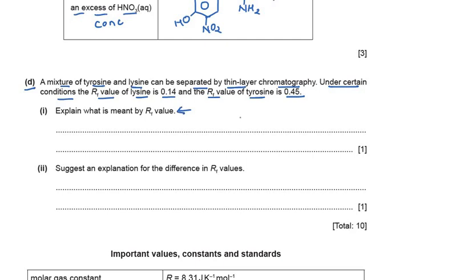Now, as I had already mentioned in our earlier videos, there are a few definitions which we should definitely learn. See, this is the third definition which we have come across in this question paper. So what's the definition of RF value?